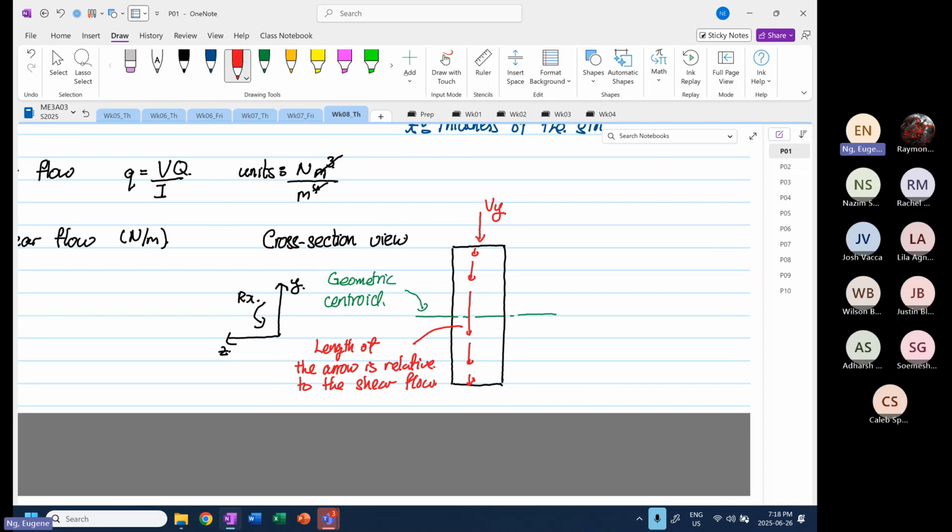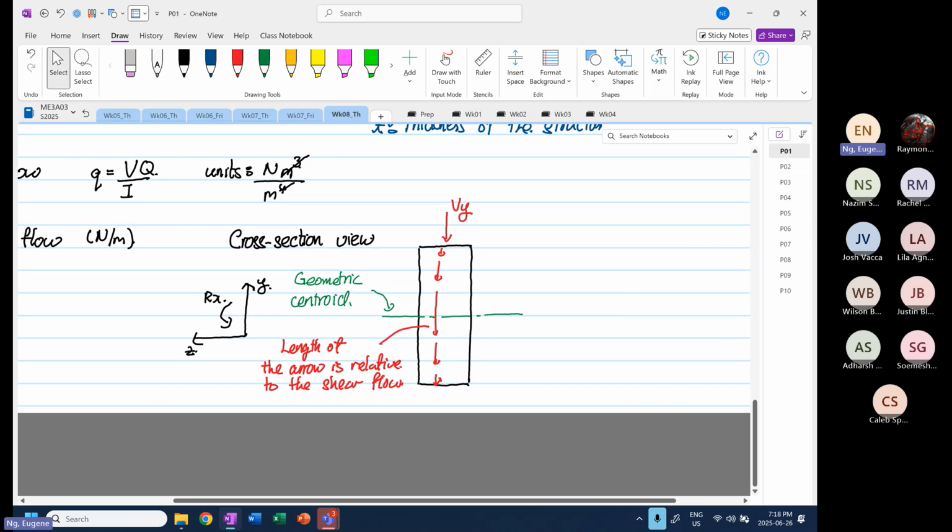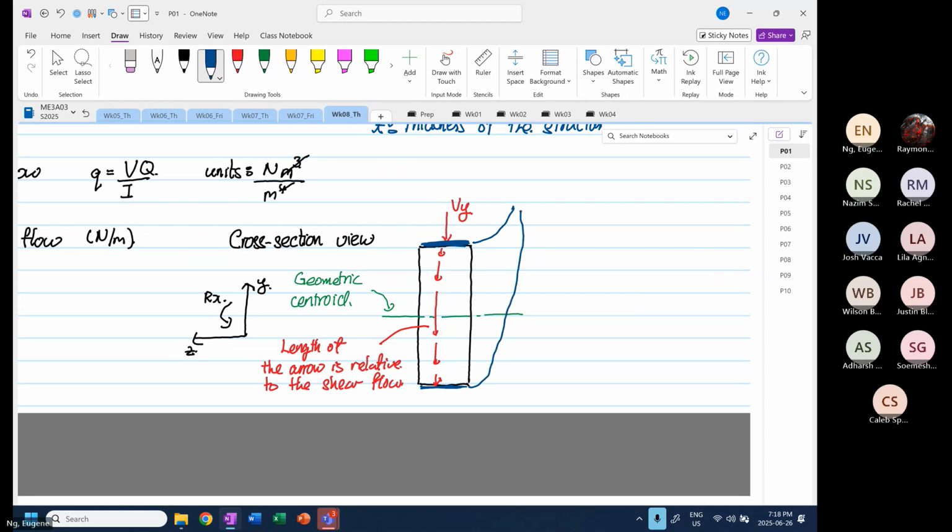Now I'm going to introduce you to a term over here. I'm going to draw a surface now, a plane. So this plane over here, I'm drawing blue, and these planes are known as our terminals.